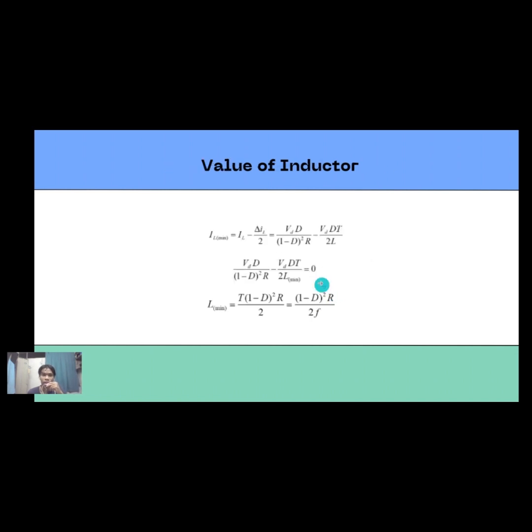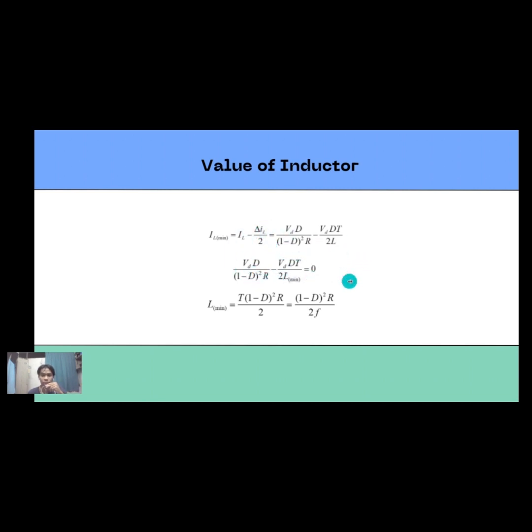For the value of the inductor, we have the formula IL minimum equals IL minus change of IL over 2. For IL and change of IL, we already have the equations from the last slide and the first slide.